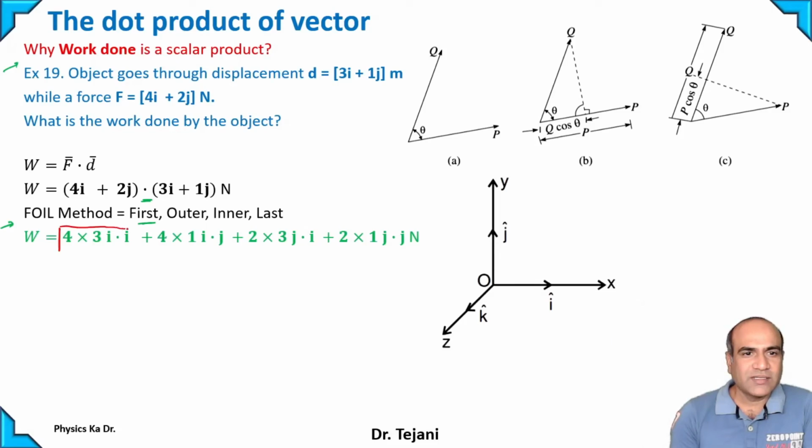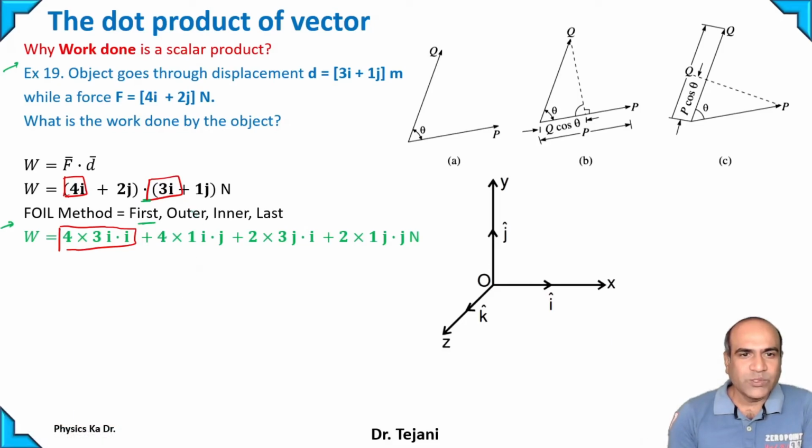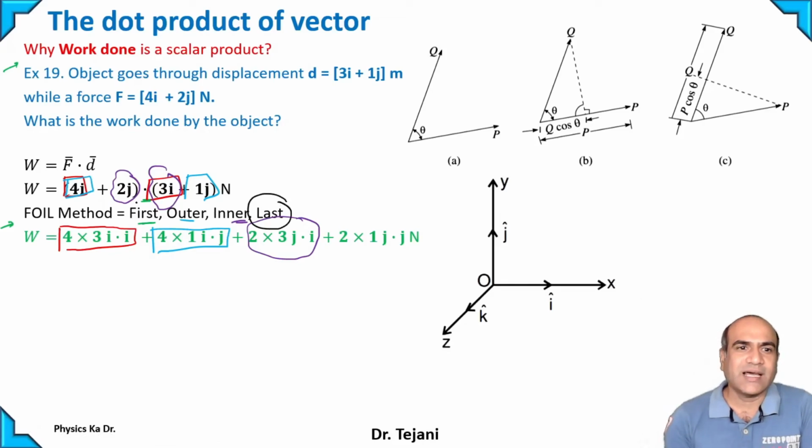First is to be multiplied, first by first. Then next is outer, so outer multiplied by outer, that gives this solution. Then inner, so inner multiplied by inner. And the last, so last multiplied by last.